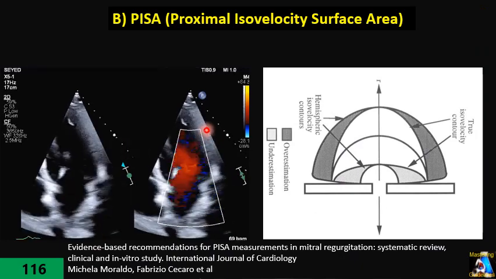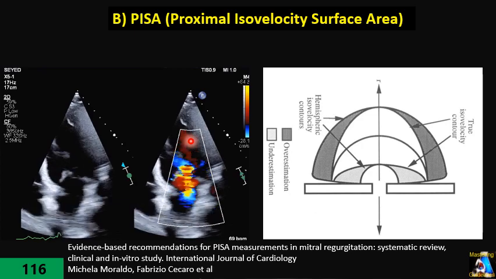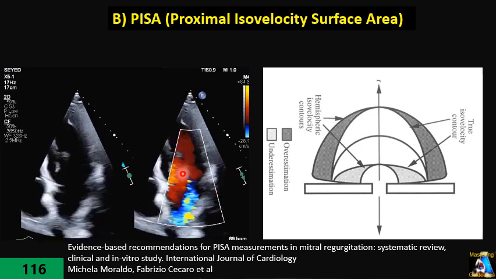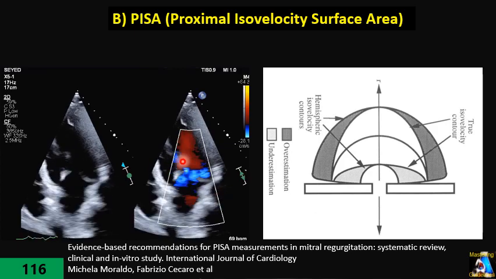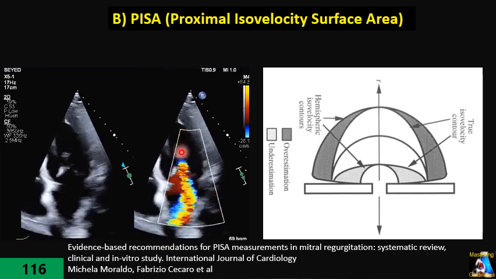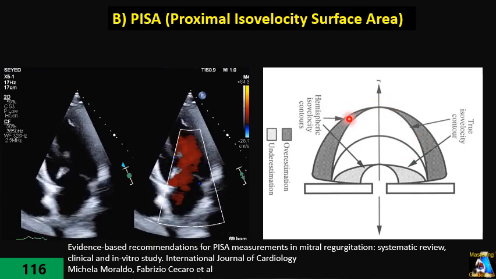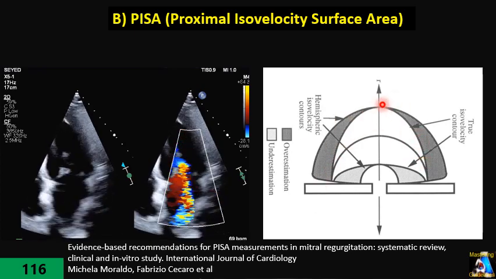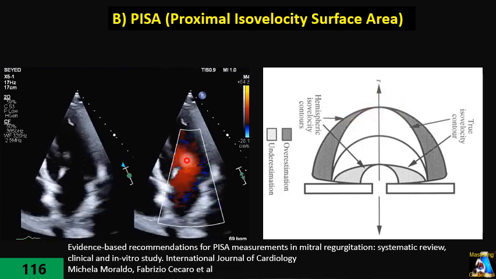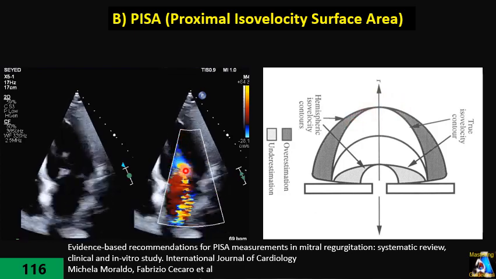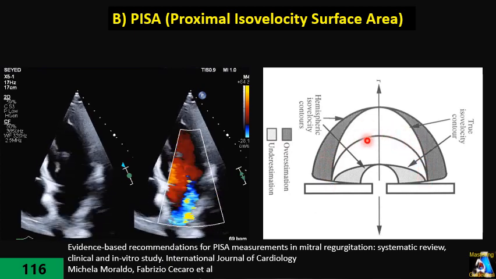As I mentioned, when the blood is pushed through the orifice, the layers of the blood flow converge and become closer to each other and velocity increases. At a specific distance from the orifice, the pattern of the blood flow becomes elliptical, and when we come closer to the orifice, it becomes a semicircular shape.